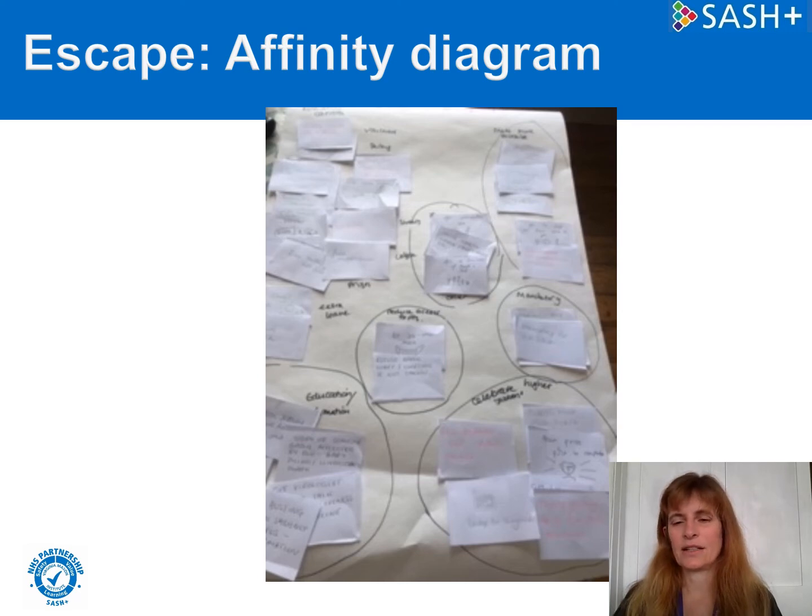And then down at the bottom right, we've got some ideas around how to celebrate the success within SASH, different teams, the team that has the most being celebrated and rewarded, making it very transparent which teams have and haven't had the flu vaccine.